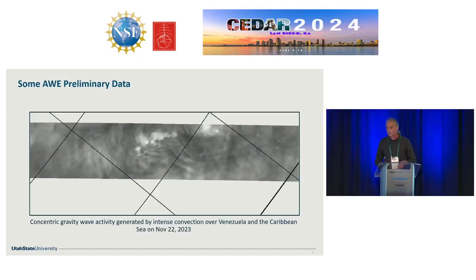The next orbit, the space station passed over the Caribbean, and there was strong thunderstorm activity, strong convective activity going on over that region, over Venezuela. And what we saw were these sets of concentric rings in the observations.